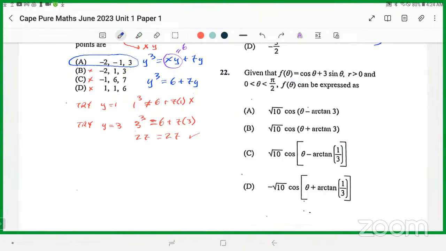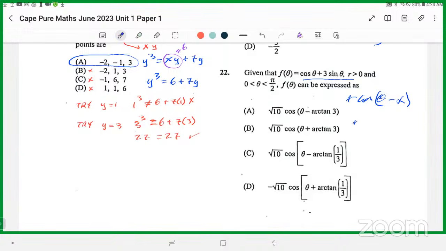So this is going to be written in the form R cos of theta minus alpha. Since this is a plus, you need a minus here, alpha. Now, if you notice, you have root 10 for everything. Why is that?